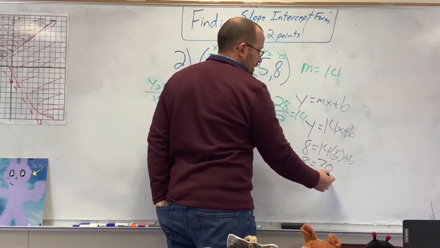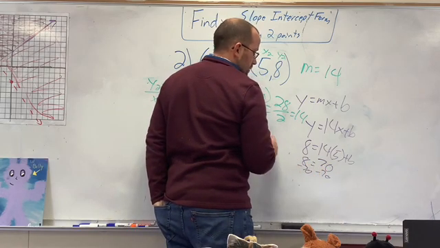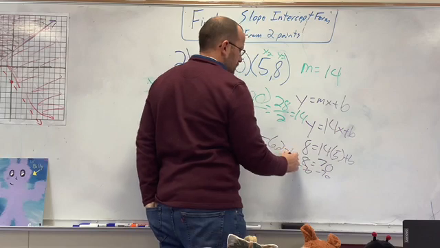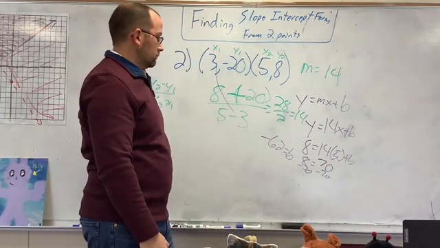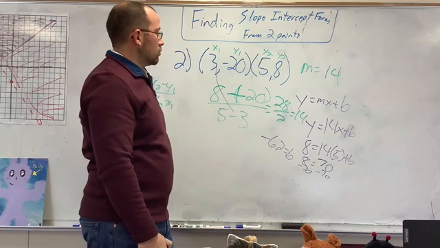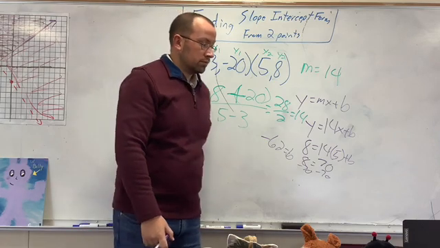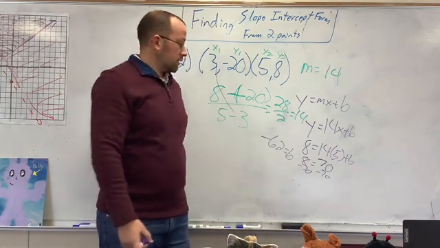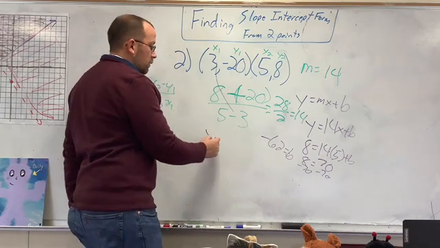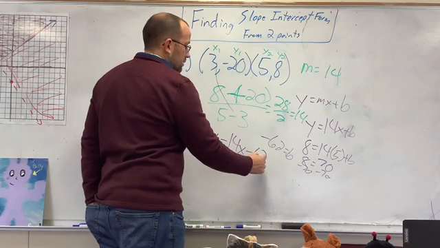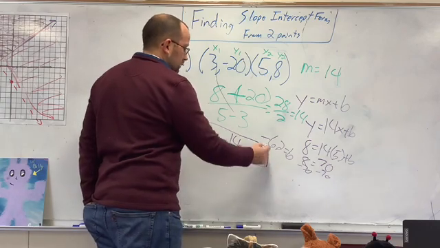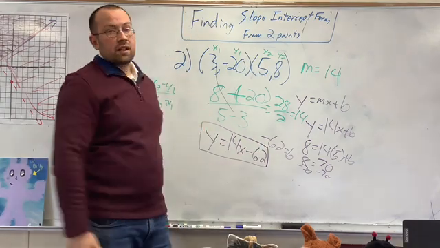Minus 70, minus 70, so negative 62 equals b. And so now you're going to plug it in, so y equals 14x minus 62. And that is your final answer.